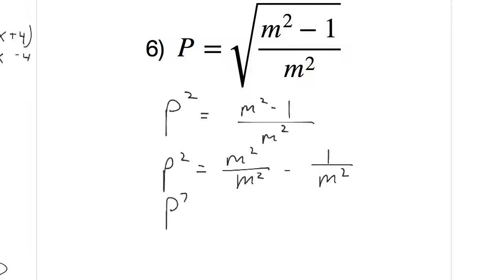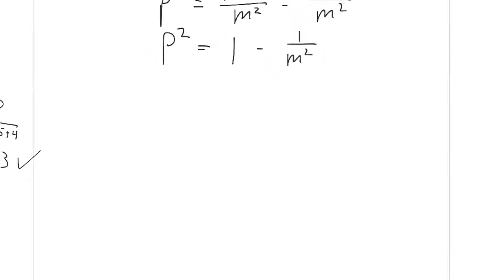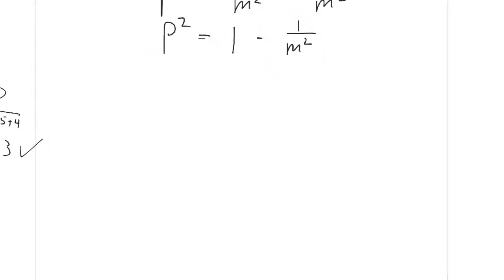There might be easier ways to do this, but I think you get down to one place where m is, and that makes it a lot easier. So now I need to get the 1 over m squared term by itself. I'll subtract 1 from both sides to leave me with negative 1 over m squared on the right hand side.